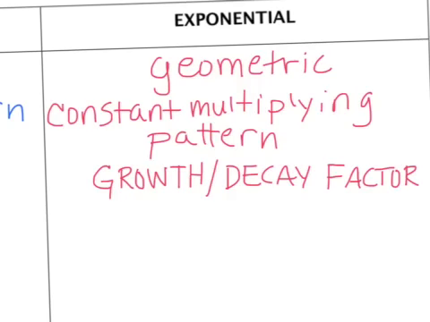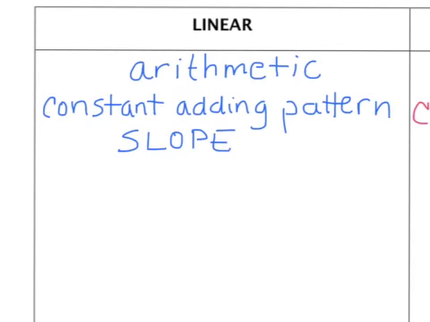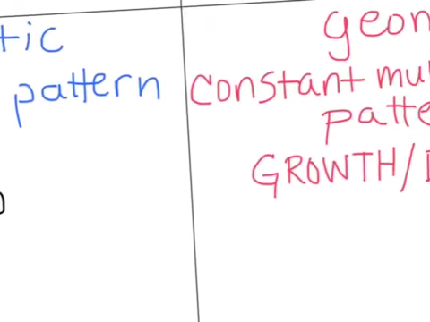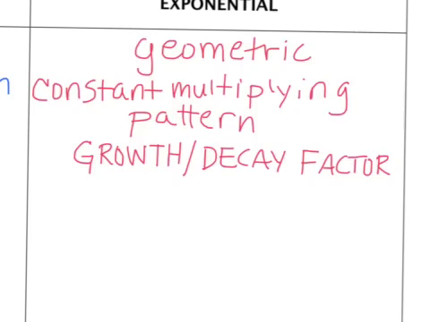The equations of linear and exponential scenarios do look different. So the linear equation that we've used so many times is the equation y equals mx plus b. And then the equation does change for an exponential situation because the pattern changes from being an adding pattern to a multiplying pattern. So the equation that we use for our exponential situations looks different. Y equals b times a raised to the power of x.